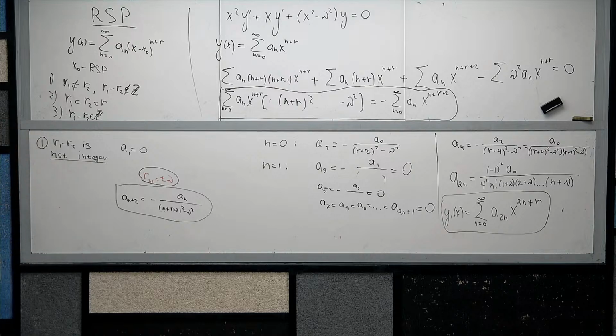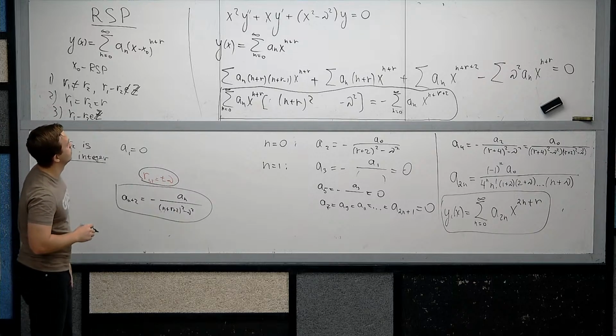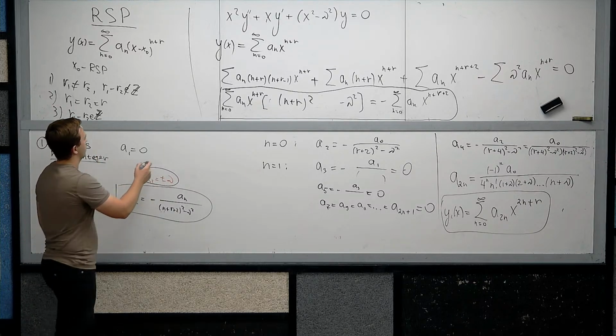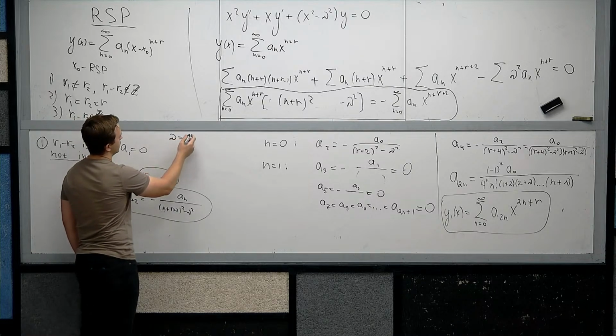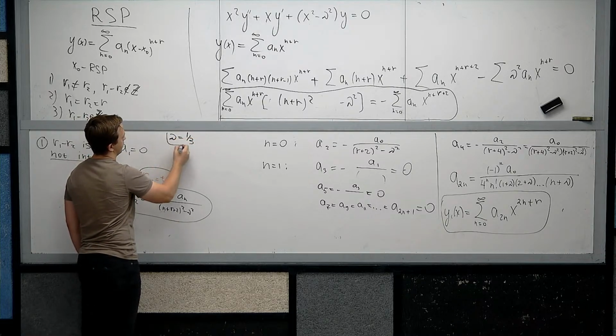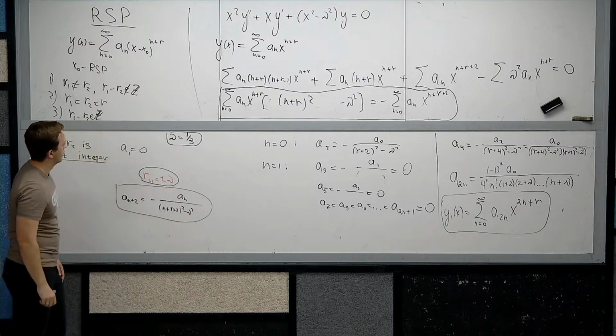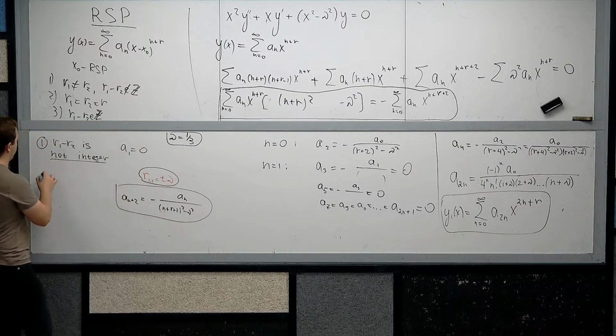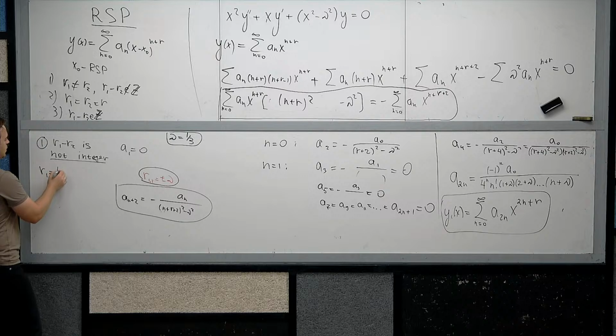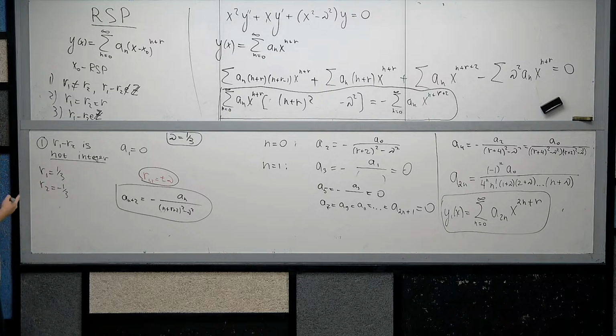It's the simplest case. For example, if in our basic equation nu is 1/3, then we have R1 is 1/3, R2 is minus 1/3. As you can see, the difference is not integral.